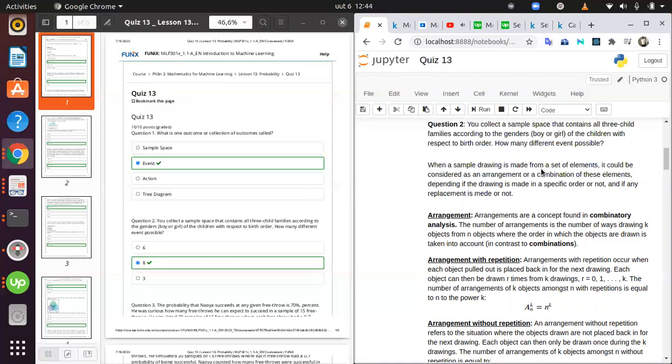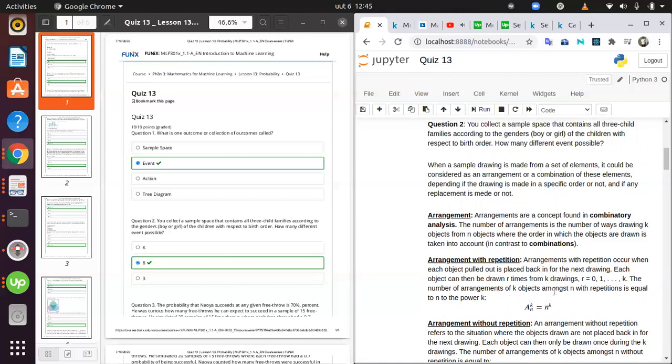In this case, how do you input the number in the formula? When there is an arrangement with repetition, the number of arrangements of k objects amongst n with repetition is equal to n to the power k.